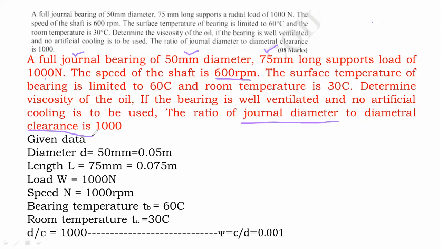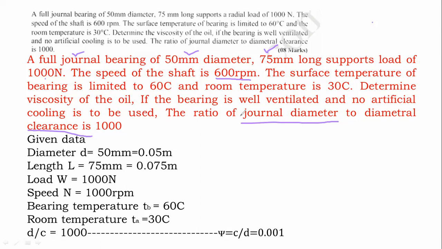There is one condition he has mentioned: the bearing is well ventilated and no artificial cooling is to be used, which means whatever heat is generated during rotation of the machine is dissipated automatically from the bearing. No extra cooling is required. That condition has to be achieved, and for that purpose we are supposed to use a proper lubrication oil. That lubrication oil viscosity we need to identify.